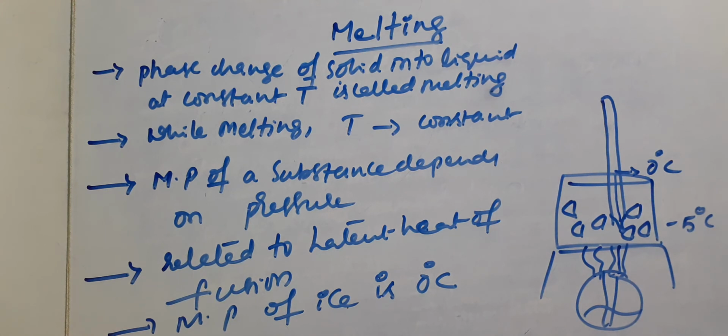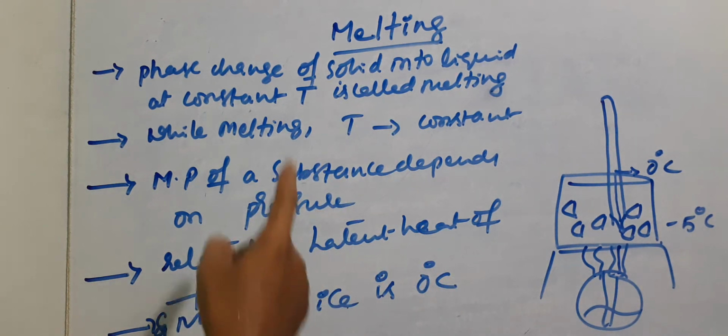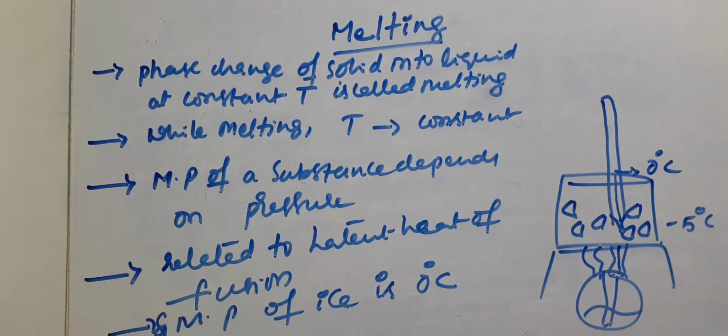While melting, temperature remains constant. Melting depends on pressure. Melting is related to latent heat of fusion. And the melting point of ice is taken as an example: 0 degrees Celsius. In melting there is a latent heat of fusion.